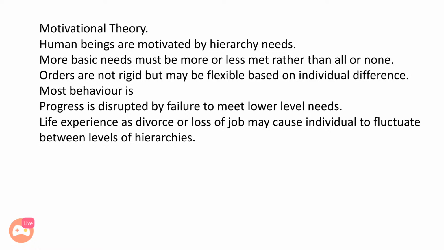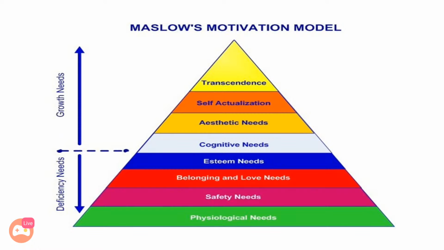Life experiences like divorce or loss of job may cause an individual to fluctuate between levels of the hierarchy. This is important. If there is a job loss or divorce, then we might get pushed down towards the lower needs, or our needs will fluctuate.